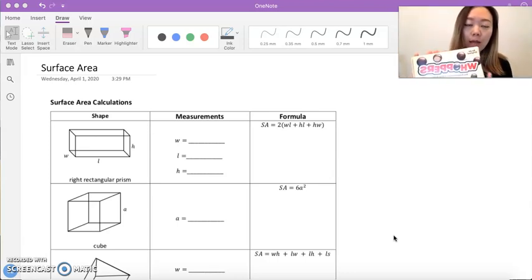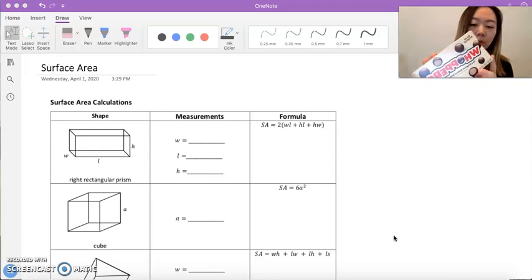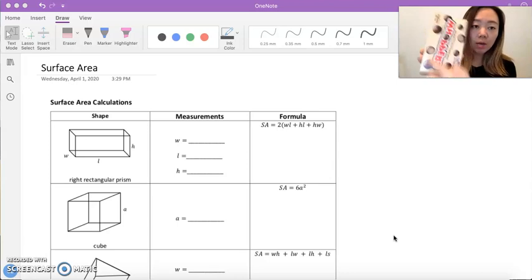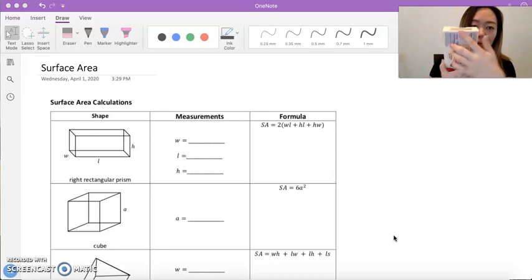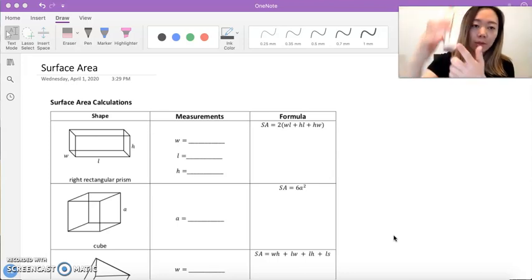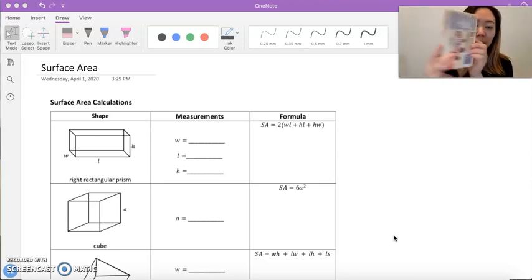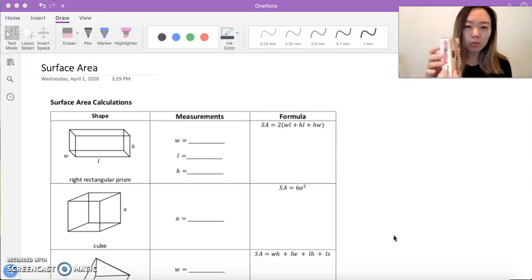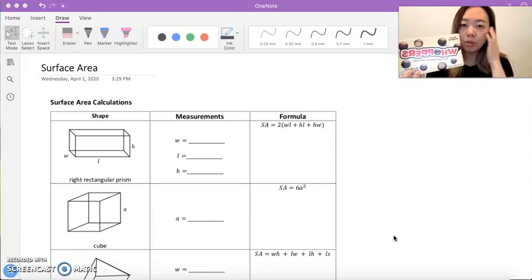But to be honest, I did not memorize a formula. What I would do is find the area of each side of the figure, so the front and the back and the top and the bottom and the two sides, right? And then add it up. And that's basically what the formula is. It was a lot for me to memorize all the formulas for every single figure, so I would just think of it that way.